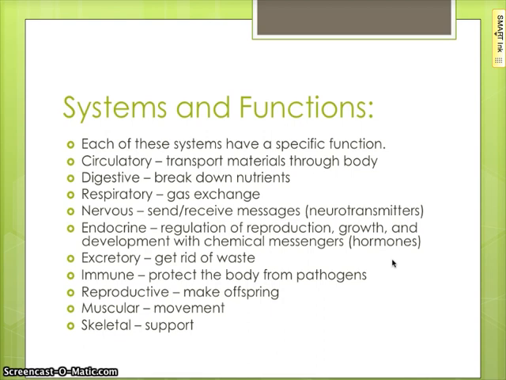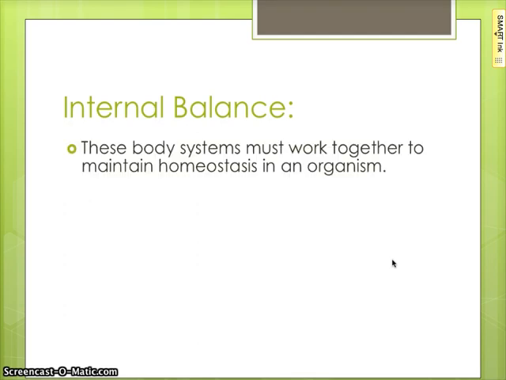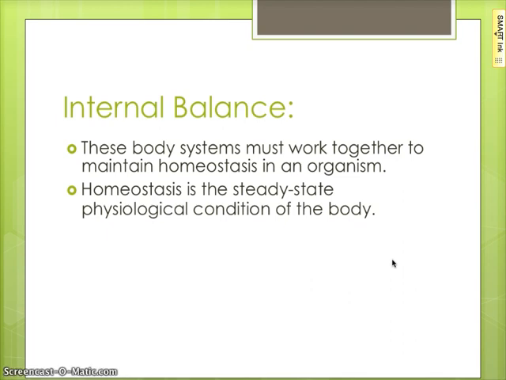All of these systems work together, and one of the most important words that we will talk about in this class is the word homeostasis. All the systems are actually part of maintaining homeostasis, balance within an organism. It's defined as the steady state physiological condition of the body. So think of the word stasis, right?